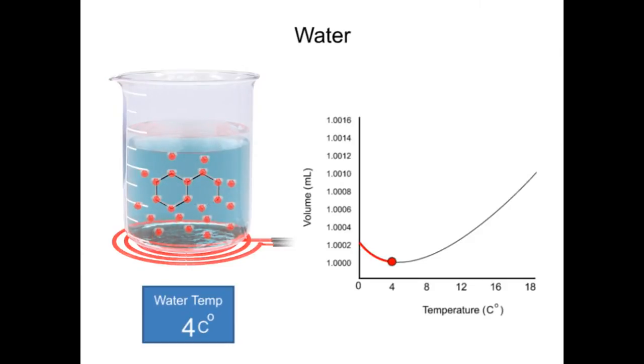However, because the collapse of ice crystals dominates these two opposing processes, the net effect is a decrease in the overall volume. Once the water reaches 4 degrees Celsius, however, expansion takes over as most of the ice crystals have melted and the freely vibrating water molecules can move about with increasing mobility.